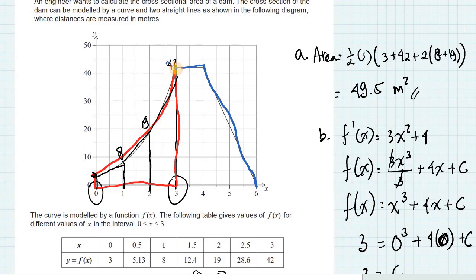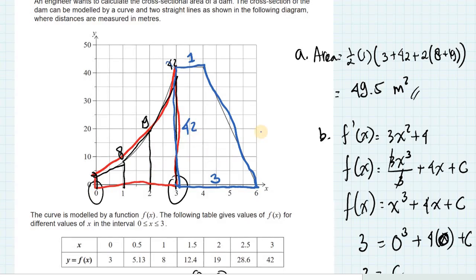We can calculate this as a trapezoid. We have the base, from 3 until 6, which is 3, plus the top, from 3 until 4, which is 1, divided by 2 and then times the height, which is 42.